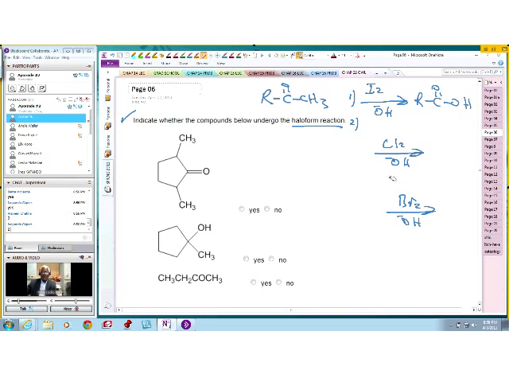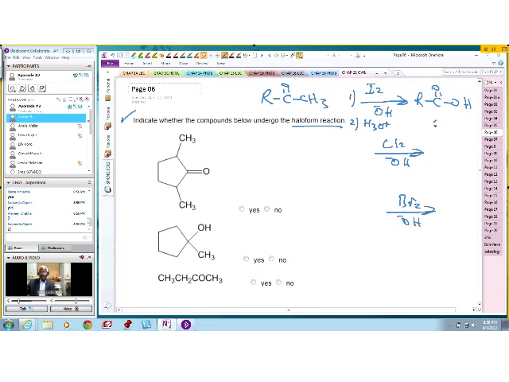The point here is that the haloform reaction converts a methyl ketone to a carboxylic acid once you add the dilute acid at the second stage.